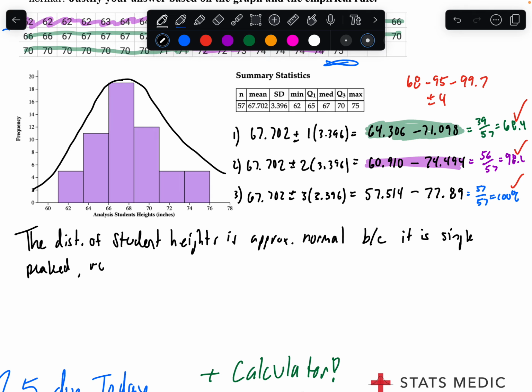It's roughly symmetrical. And also approximately bell-shaped. And the values of the data closely match the empirical rule.